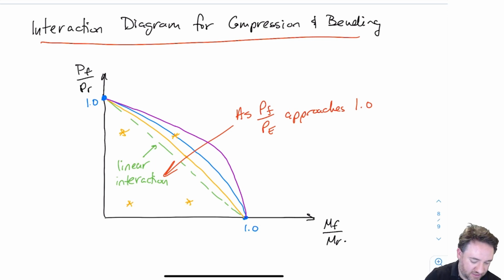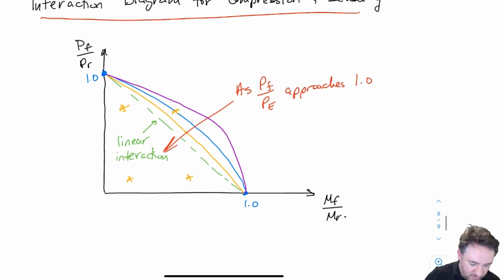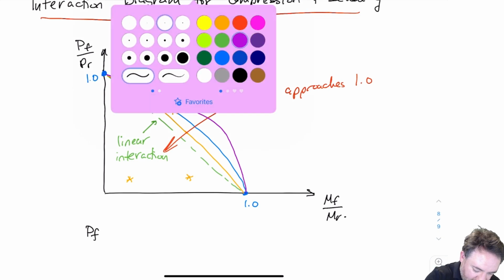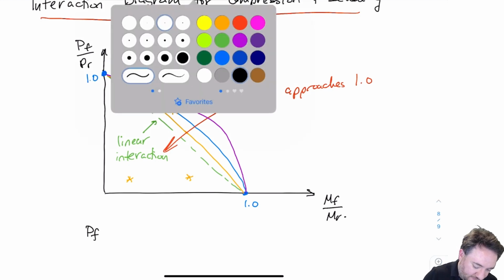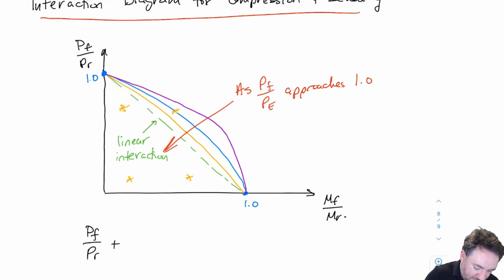Okay, so the area within that space are all of the appropriate possible designs that I could have. Okay, so that means that if I end up with this dot here, what's happening? That means that my PF over PR plus MF over MR can actually be greater than 1.